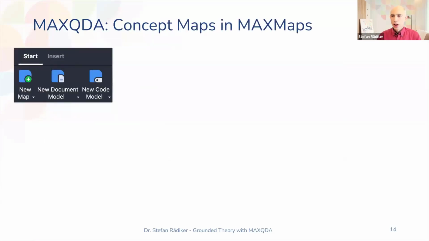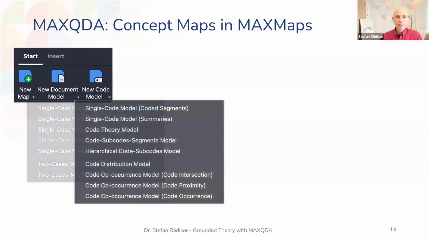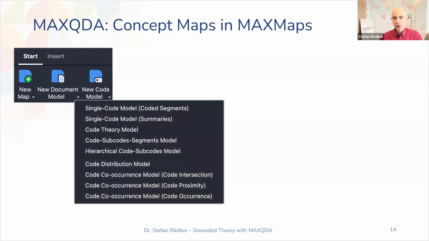When you want to create a diagram, or when you want to create a concept map, this is usually done in the environment that is called MaxMaps, as I've already mentioned before. And in MaxMaps, MAXQDA offers some templates. It offers templates for case-oriented models, and it offers templates for code-oriented models.